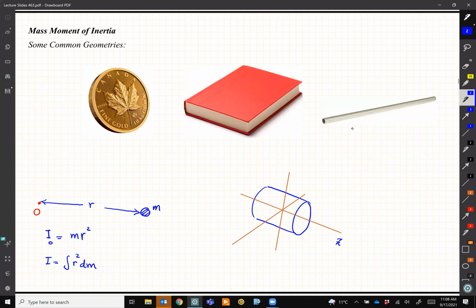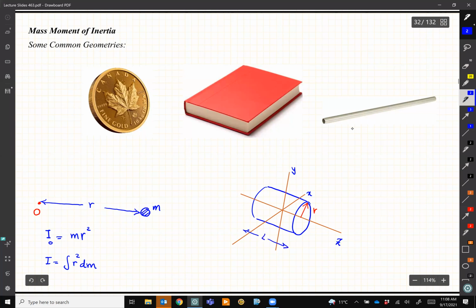Then the horizontal one is X and the vertical one is Y, as it's more intuitive, but it doesn't matter how we name them, right? So it's a cylinder, and let's say this cylinder has a radius R and a length L.